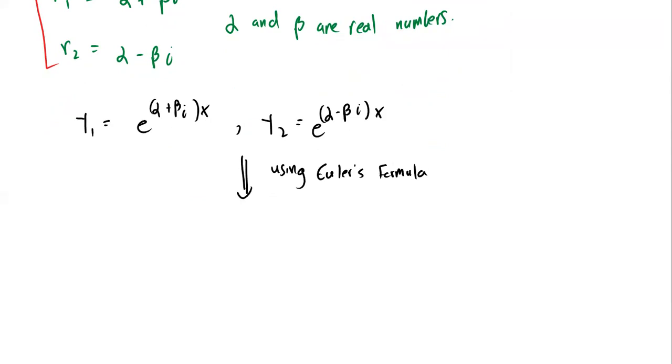You can see in the book the argument about how they use Euler's formula. For our purposes, it doesn't really matter, because what we're really interested in is finding two linearly independent solutions that map to the xy plane. I'm not really that interested in how we get there from these two solutions that map to the complex plane. But the idea is that they use Euler's formula and they also use the superposition principle.